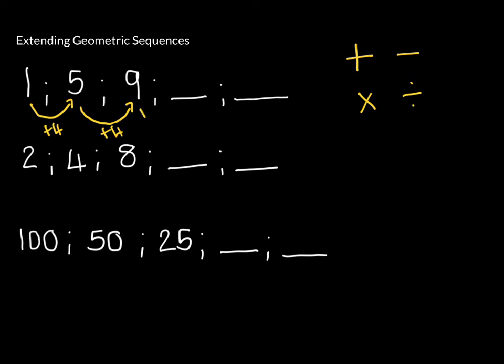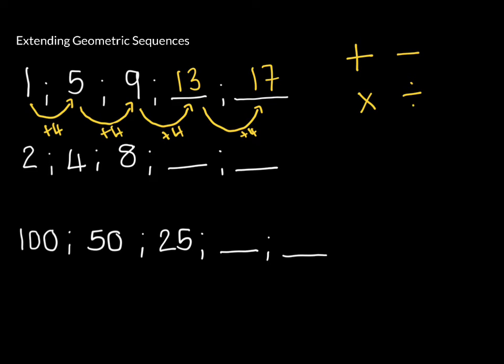I just have to add 4. And we know 9 plus 4 is 13. And if I add 4 to 13, I'm going to get 17. We can continue with this sequence in this way because now we figured out the pattern for the sequence.